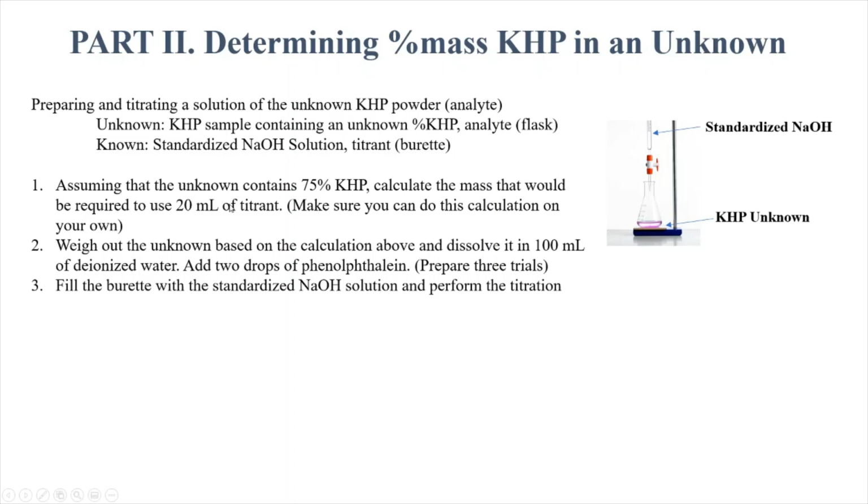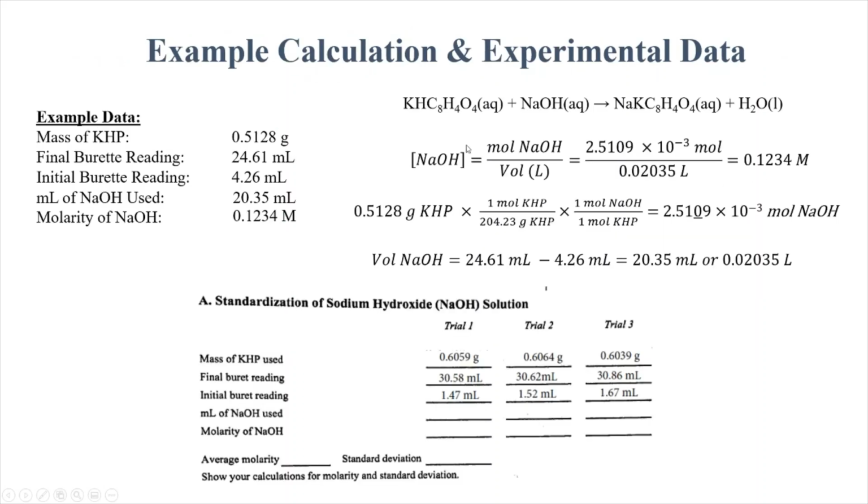The way that we're going to prepare our solution is we're going to do a calculation where we assume that the unknown contains about 75% of KHP. And then what you have to do is calculate the mass that would be required to use 20 mils of titrant. So in essence, we're doing this calculation here, right?